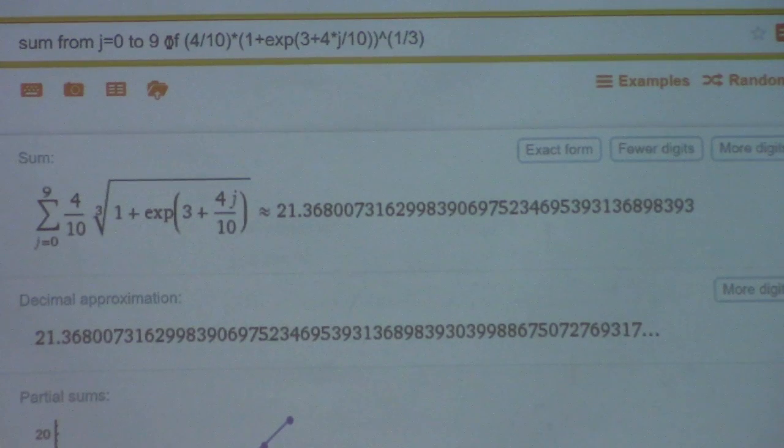By the way, how would I get the right endpoint rule? Sum j equals 1 to 10 of the same stuff. All right? So it's just a question of shifting.